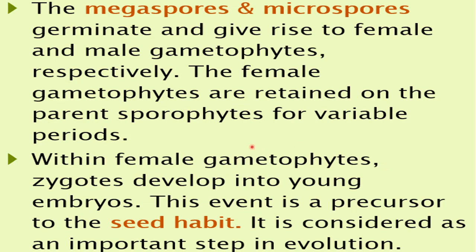As you recall, in the case of bryophytes, the zygote development was not occurring inside the female gametophyte, but here zygote development is occurring inside the female gametophyte, and this can be called a precursor of the seed habit, because up to this division of the plant kingdom seeds are not present.